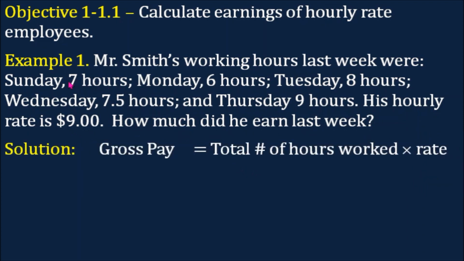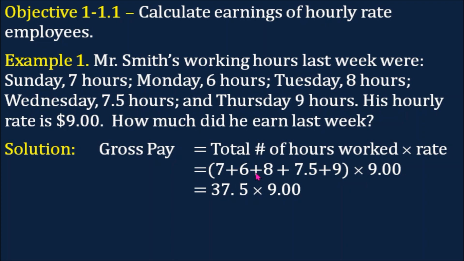Meaning to say, we will just add up this number of hours he worked in 1 week. So that's 7 plus 6 plus 8 plus 7.5 plus 9. Then the sum, we are going to multiply it by 9, which is the rate.